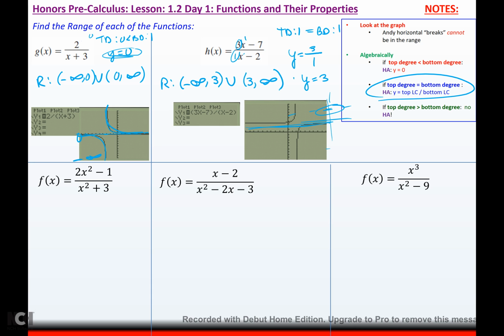Okay, the next one, again, if I find my horizontal asymptote, the degrees match. My top degree is 2, my bottom degree is 2. When they're equal, your horizontal asymptote is TLC, 2, divided by BLC, 1, y equals 2. So I'm assuming my range is going to be negative infinity to 2, union 2 to infinity, but let's look at the picture.